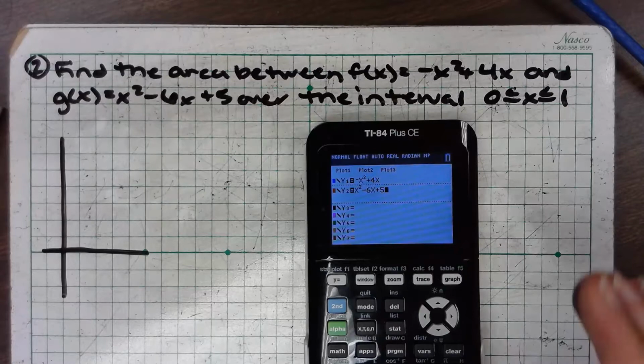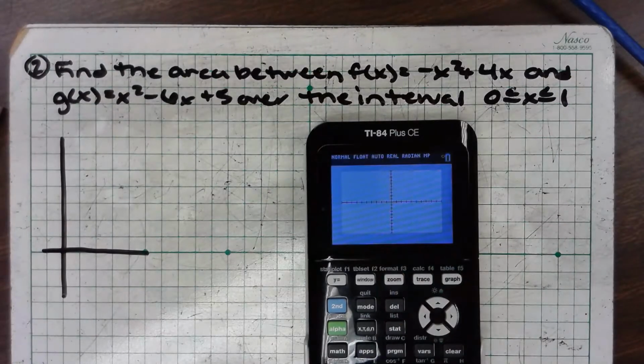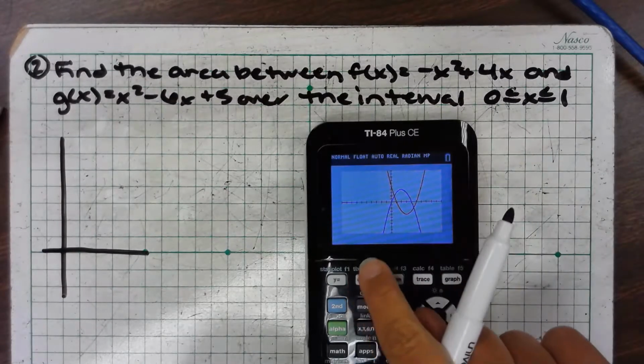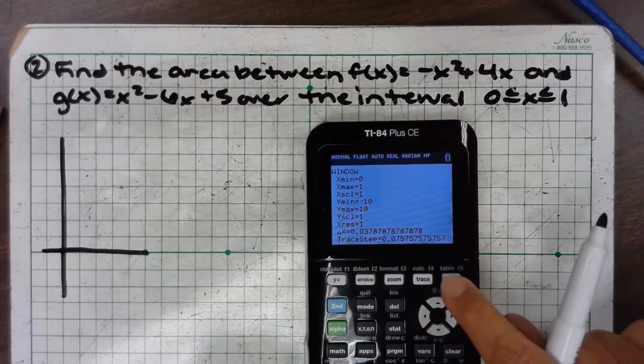We're just going to look at a graph instead of actually drawing it. I'm going to say zoom 6 just to get a standard window. And actually what I should probably do is look at this interval from 0 to 1.